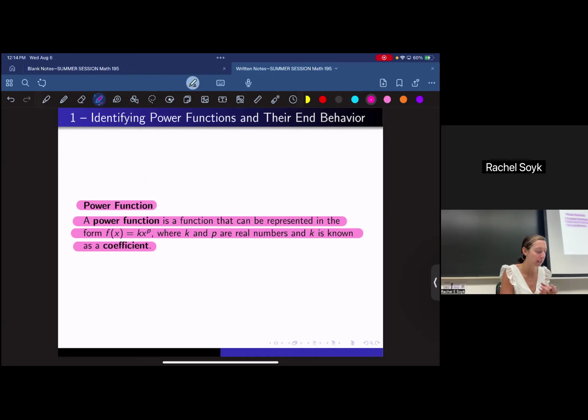It's going to be upside down. And we'll really be honing in on this when we're looking at the relationships of even degree polynomials versus odd degree polynomials and their end behaviors, dealing with reflections and stuff.